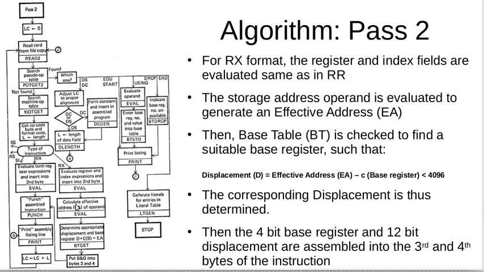So this is the step: calculate the effective address of the operand such that the displacement is less than 4096. The following step is to determine the appropriate displacement and base register. D plus the content of base, that is displacement plus content of base, gives us the effective address, right? This step is known as BTGET.